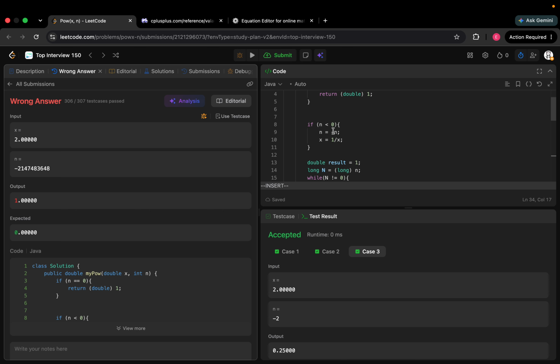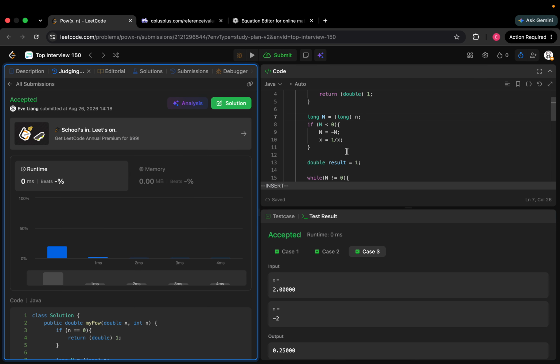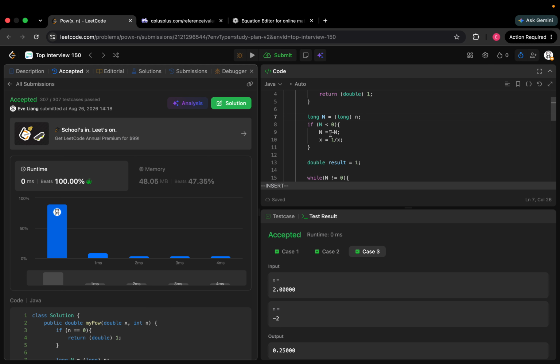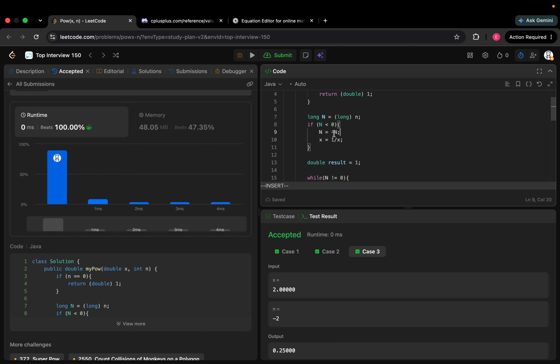Okay, this one actually, we need to move this here to do this. Because for negative numbers, the computer's bit representation is different between positive and negative. That's why that case does not work.